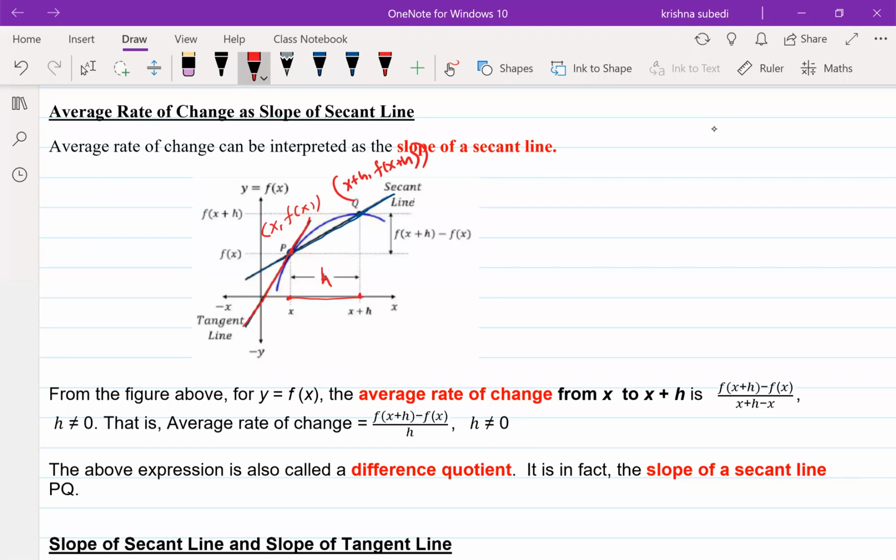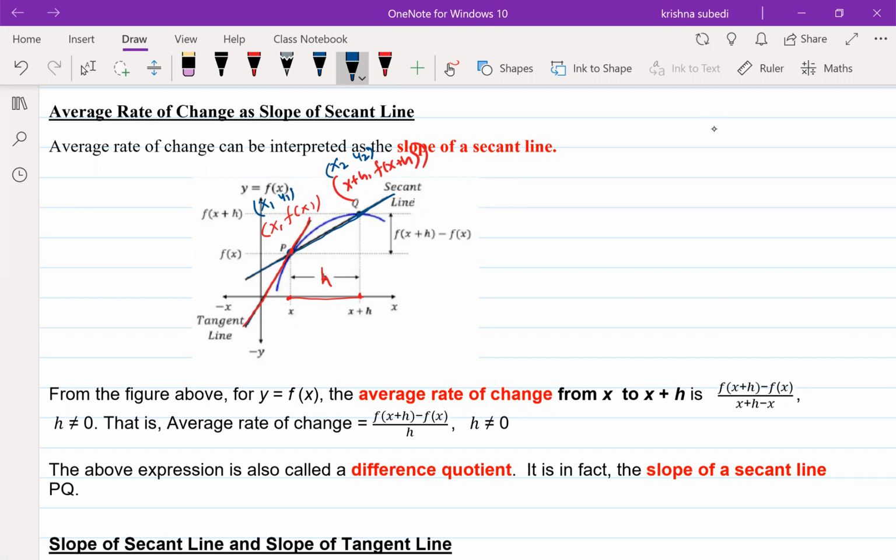All right. So using the slope formula or using the average rate of change, what we get here is that the average rate of change from x to x plus h is y2 minus y1. As you can see here, you can suppose this to be x1, y1, and this to be x2, y2.